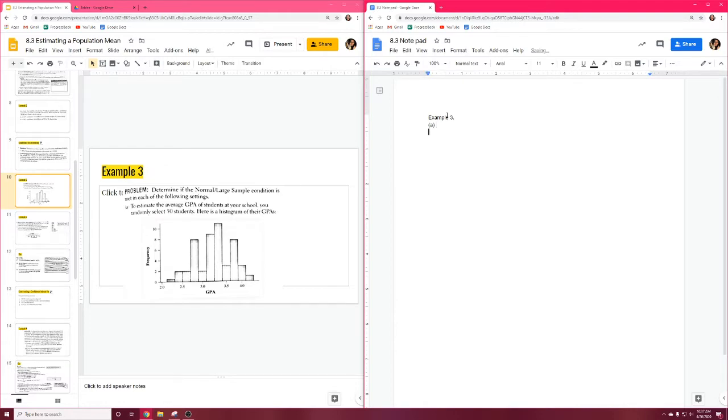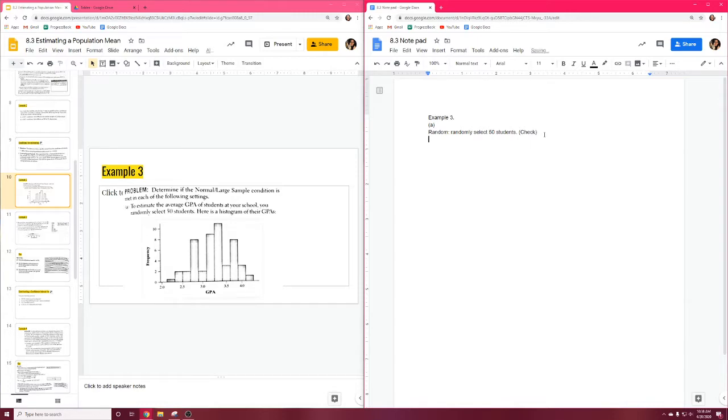So for checking conditions, first, we want to see if it's random. For random, you want to read the question and determine. They said to estimate the average GPA of students at your school, you randomly select 50 students. So that is a check. Randomly select 50 students. Okay, let me double check my screen. Okay, still working. So over here, check.